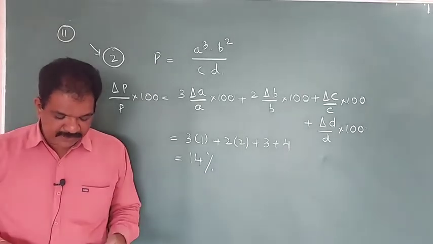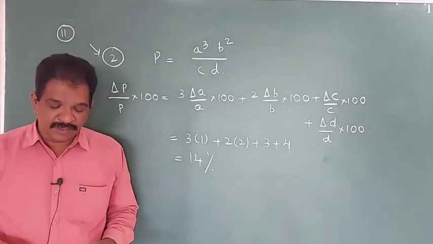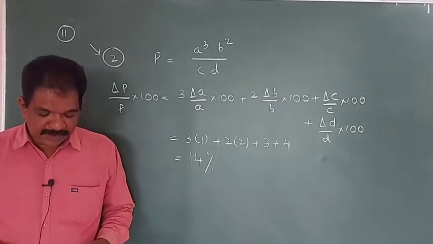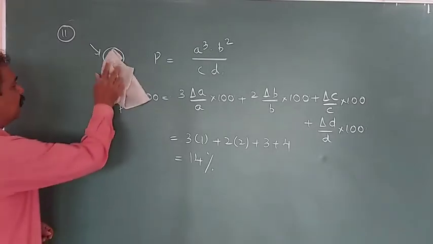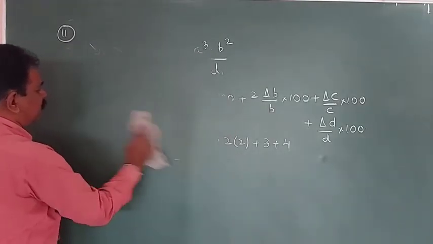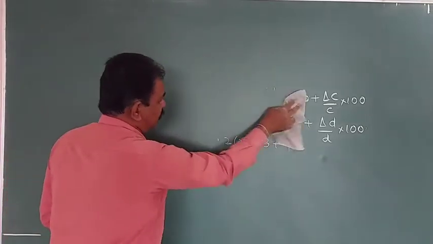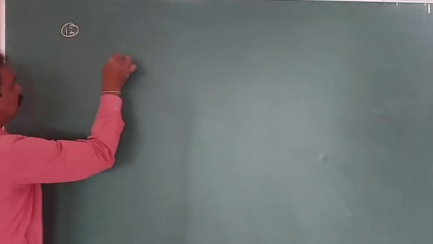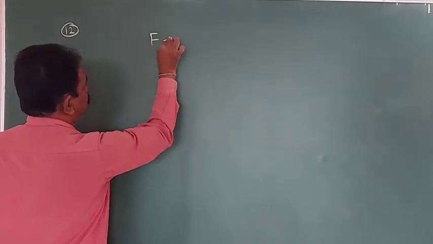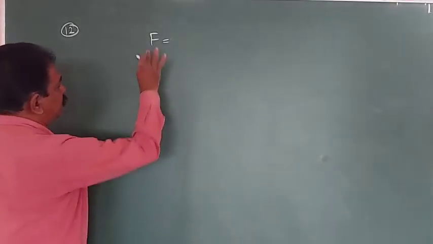Next, 13th, you see. Force, velocity and time are taken as the fundamental units. The dimensions of mass will be what? So what they are asking is, express mass in terms of force, velocity and time. Procedure will be the same. What is the procedure? M is equal to mass.